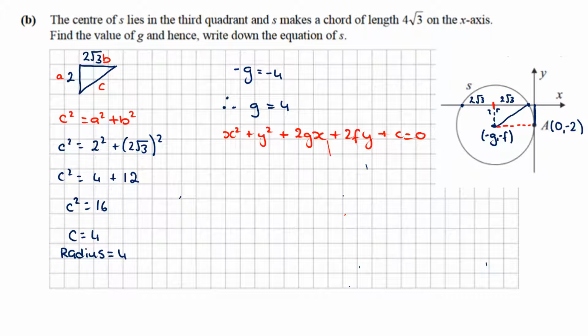Instead of using this one, we would be better off, because we know g, f and the radius, working with the one that's given as x minus h squared plus y minus k squared equals r squared, given that is the center.